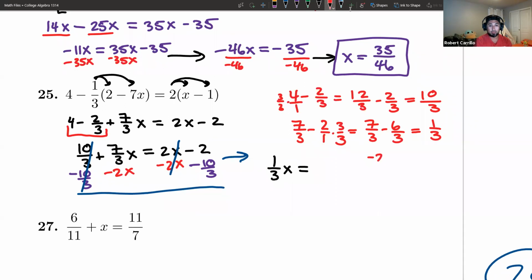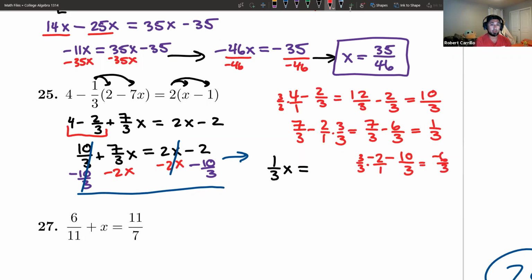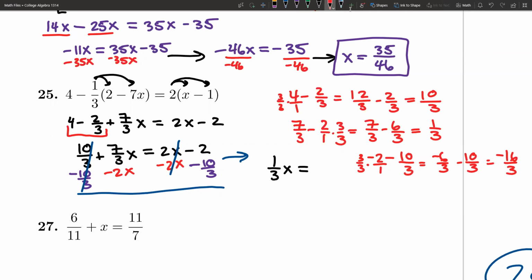You put 2 over 1 again. Get that common denominator of 3. And -6/3 minus 10/3 gives us -16/3. So that's what's going right here.